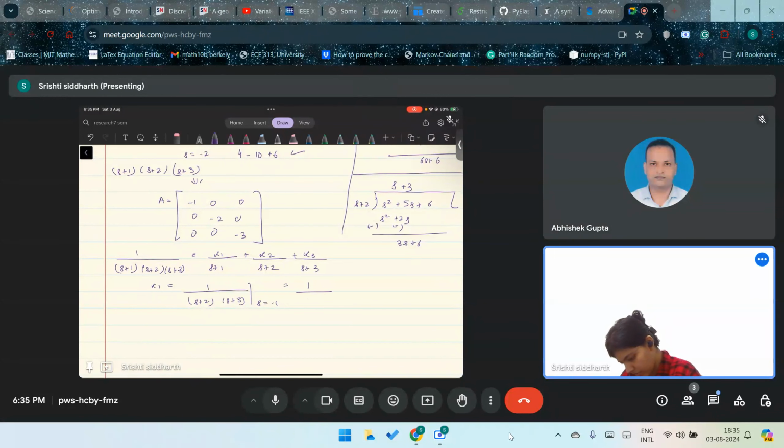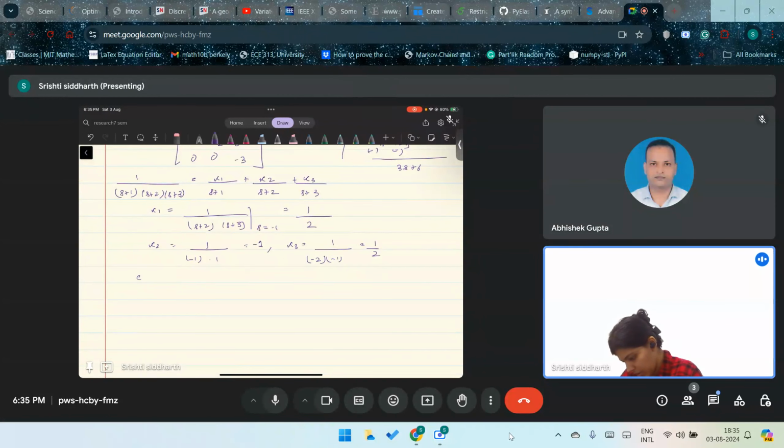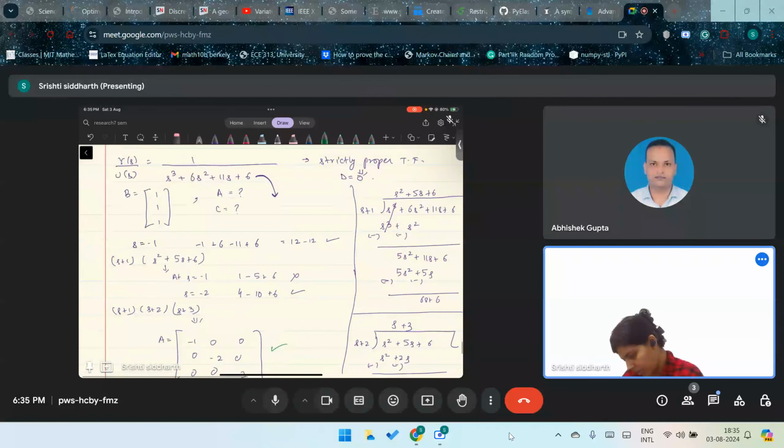So we have just half. c2 is going to be, I'm going to compute this directly at minus 2. So minus 1 and 1, so c2 is minus 1. And c3 is going to be evaluated at minus 3. So minus 2 and minus 1, this becomes half. So C becomes half, minus 1, and half. So we have C, A, and we have already computed what B is, and D.